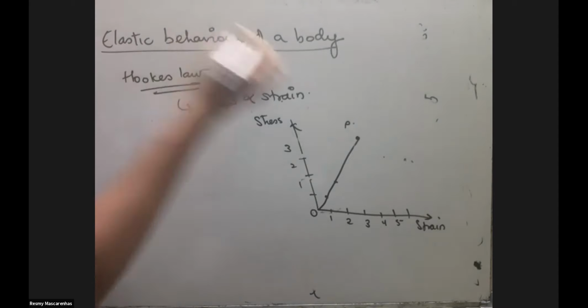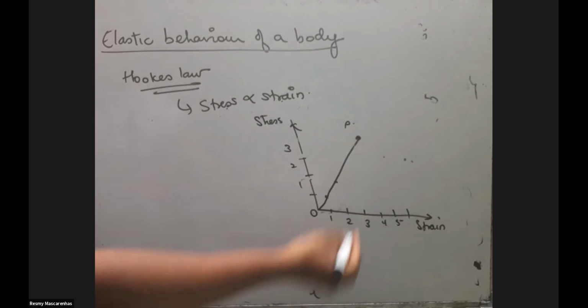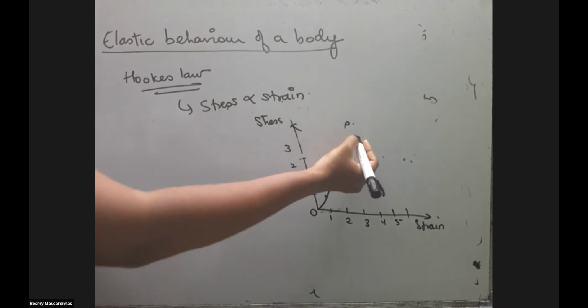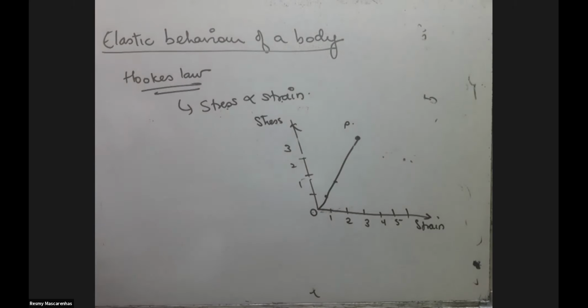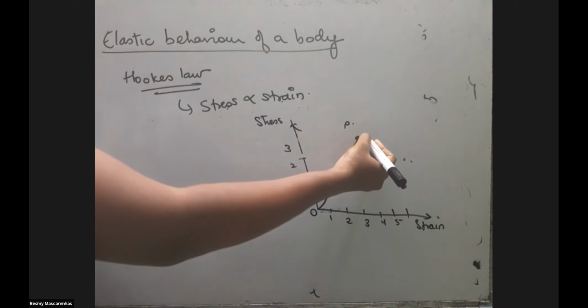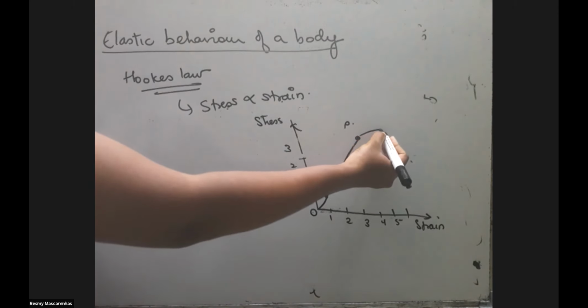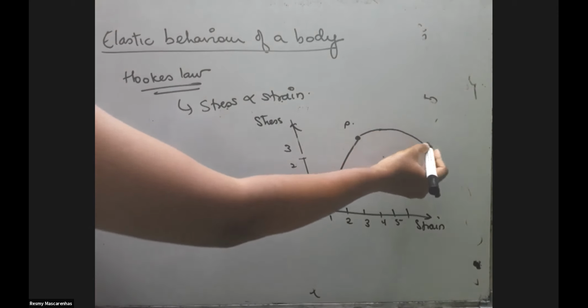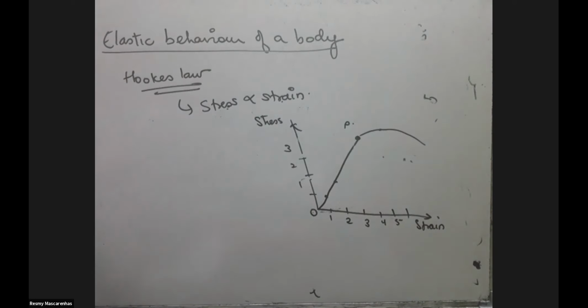Then after a certain elastic limit, what is going to happen? If you still stretch the rubber band, slowly it will start losing its elastic strength. Even if you remove the stress, still it will remain stretched. And then at a certain point it is going to break. Now suppose you consider a wire. The wire is hanging. You have attached some load to the wire.